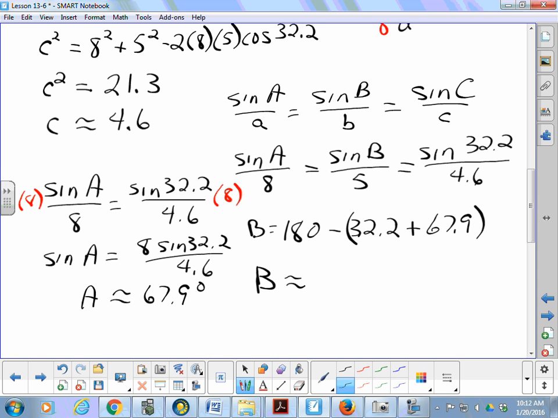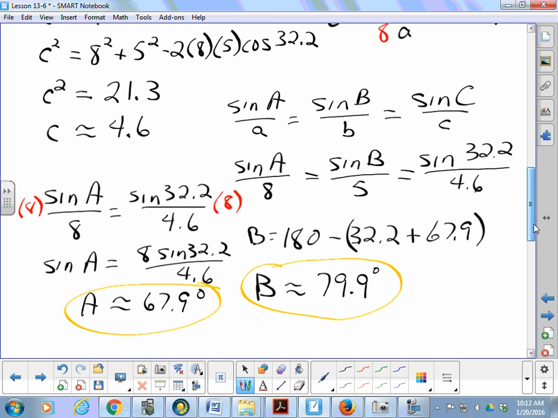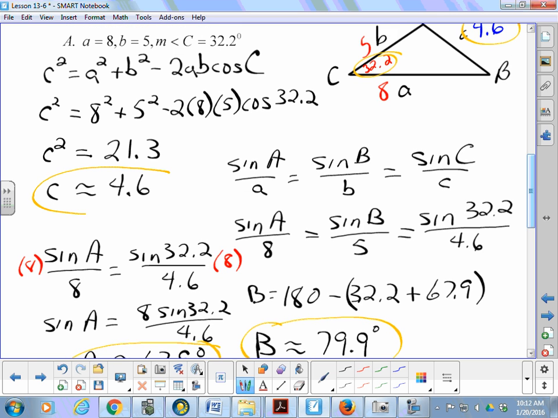So what do we get? 79.9 degrees. Okay. So we found angle B, found angle A, and we found side C. So we found the missing parts of that triangle.